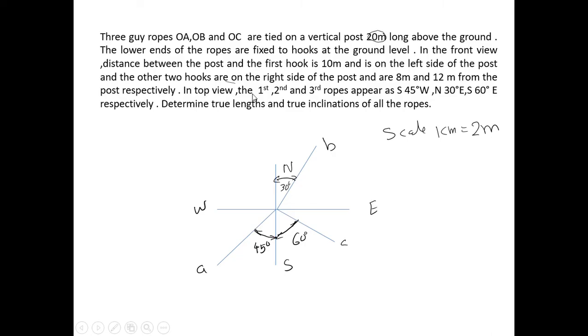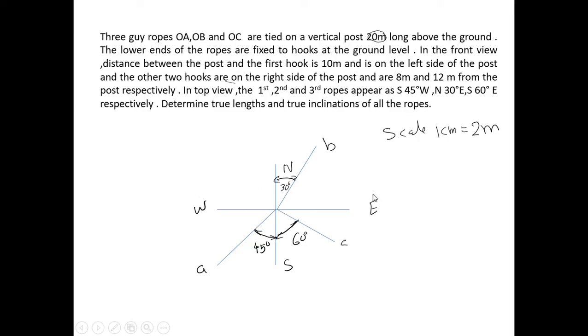In top view, the first, second and third ropes appear as 45 degrees towards west from south, 30 degrees towards east from north, and 60 degrees towards east from south respectively. Determine the true length and true inclinations of all the ropes.